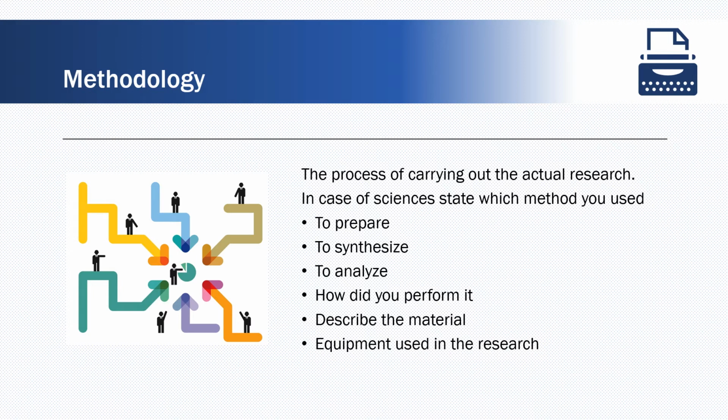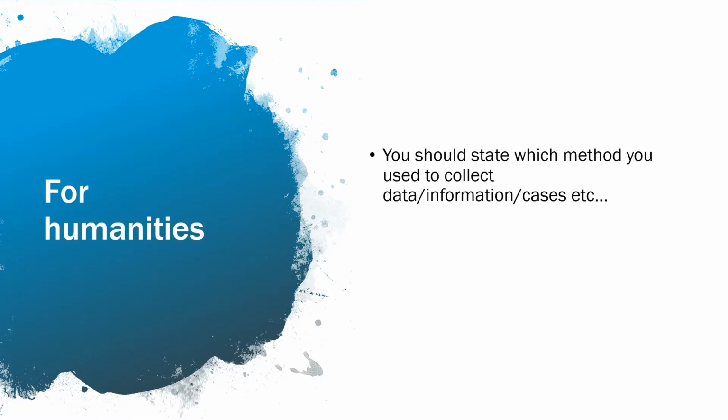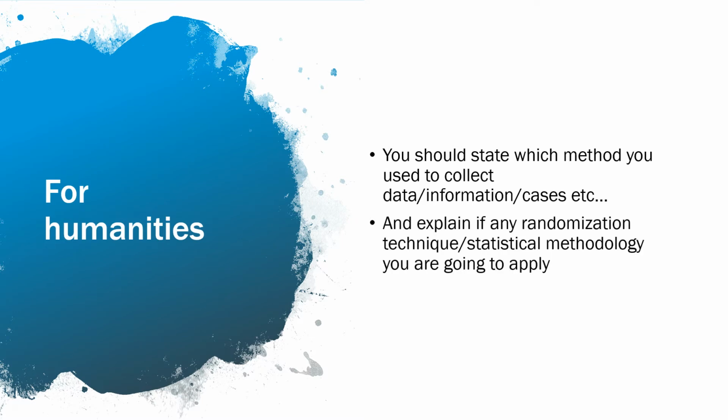For humanities, you should state which method you use to collect data, information, and cases, and explain any randomization technique or statistical methodology you are going to apply. The methodology can be divided into different sections depending on the area of the research.